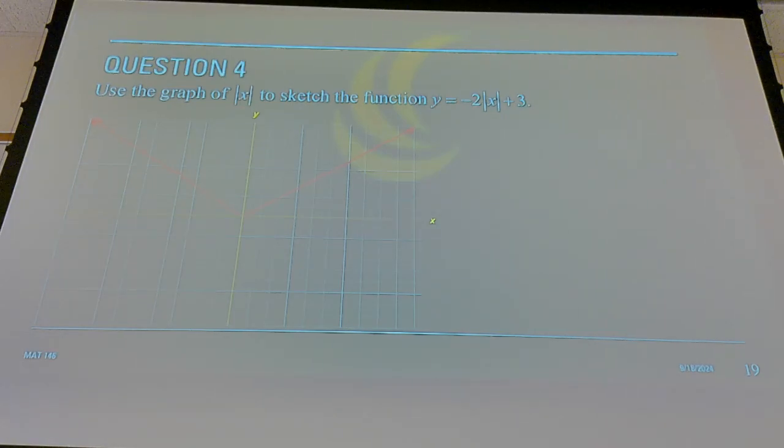Vertical reflection, I agree. Stretched by a factor of 2, I agree.